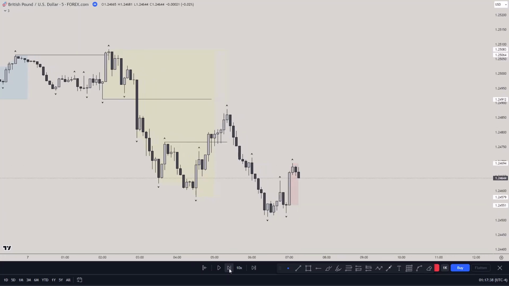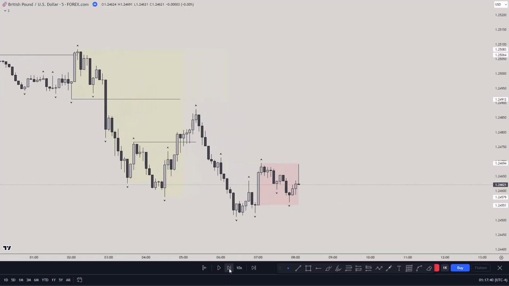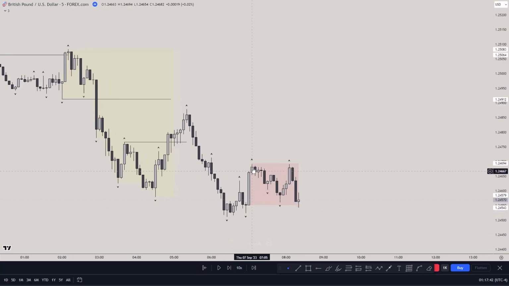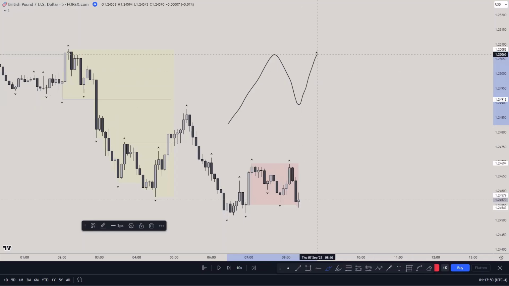And there is nothing so far in New York. No liquidity sweep. As I said, what are we looking at first when it comes to breaker block? So what is the first component of a breaker block? It's actually a liquidity sweep. So when we have a liquidity sweep, when price breaks below this point, which is most likely the market structure shift, then we have a potential breaker block.